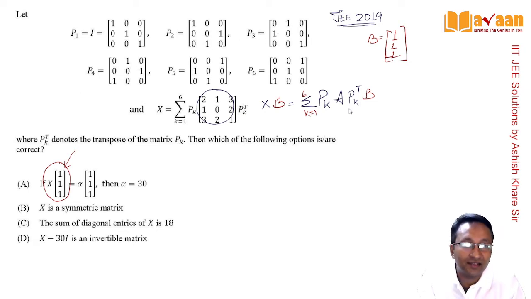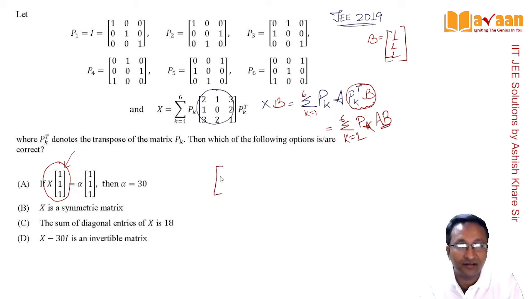So in that case, I realize that when Pk transpose is multiplied by B, this gives me again B. So I can probably say that this is summation K is equal to 1 to 6 Pk into A into B. And A into B is not varying as per the values of K, because that's a fixed matrix.